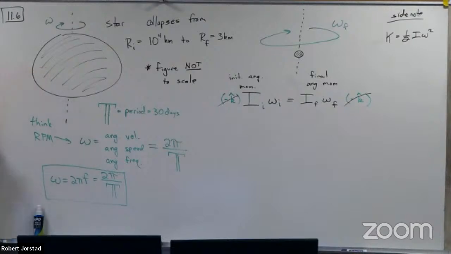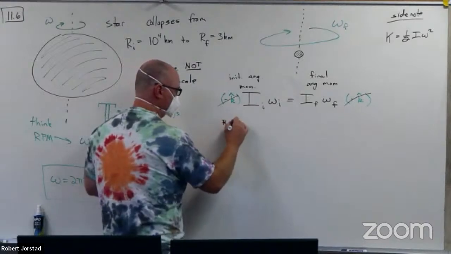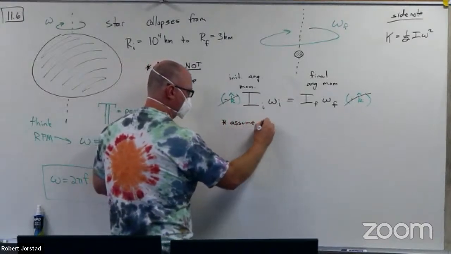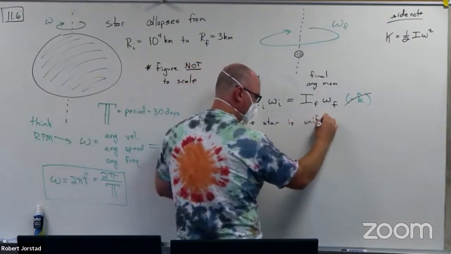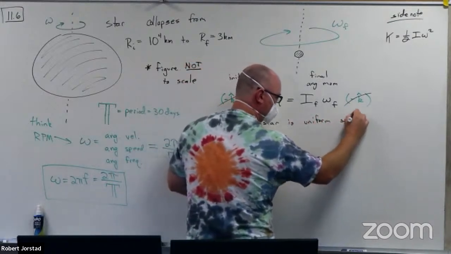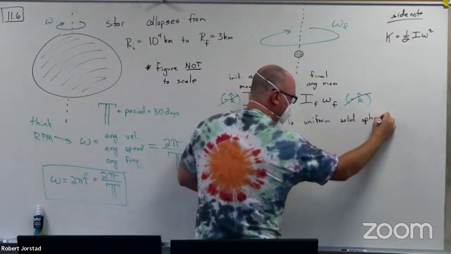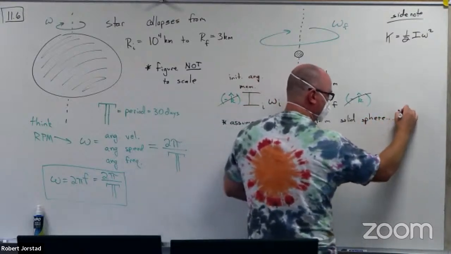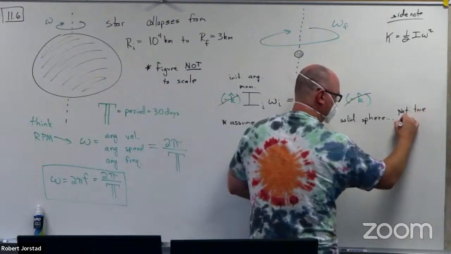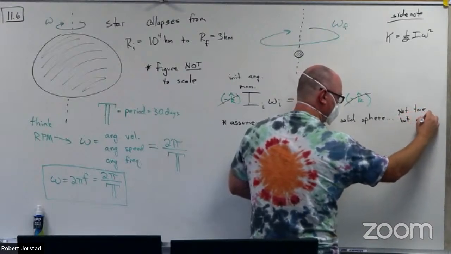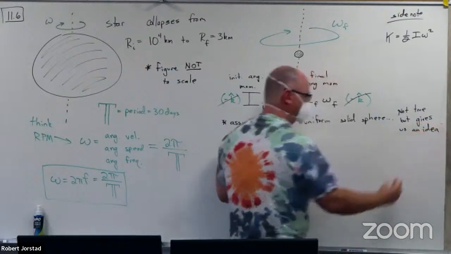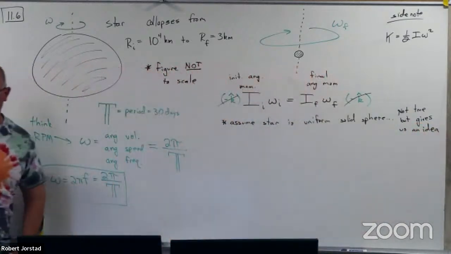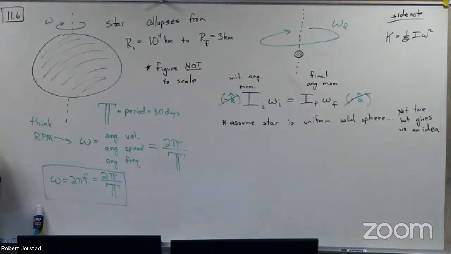Let's assume the star, I'm going to write this assumption down. We're going to make the assumption that the star is a uniform solid sphere.